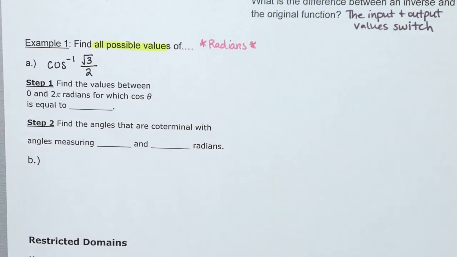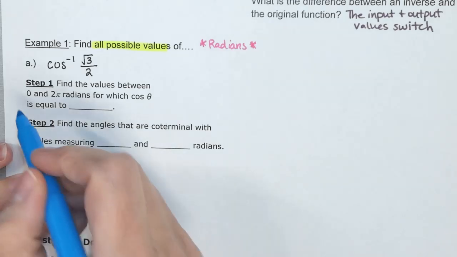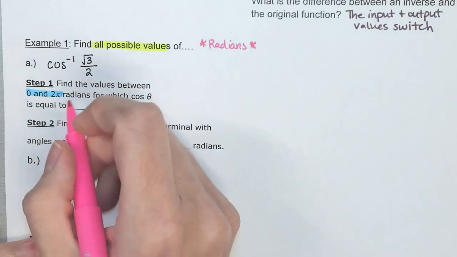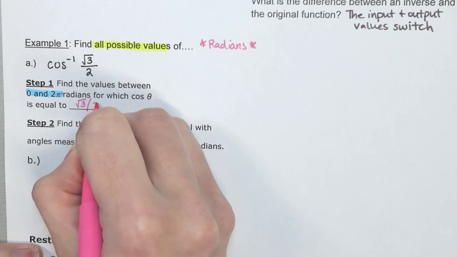So not degrees, you're going to find it in radians. And you are going to find the values between 0 and 2 pi radians, for which the cosine of theta is equal to root 3 over 2.